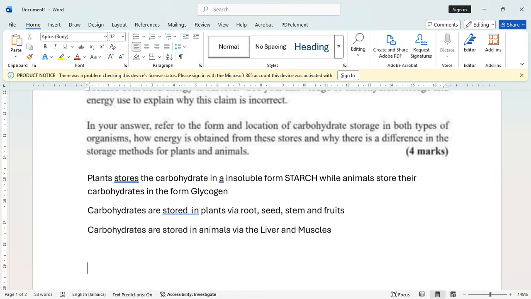And they asked how energy is obtained from these stores. So how does the plant get it from the starch? It is stored as energy, but where and how is it obtained by the plant?